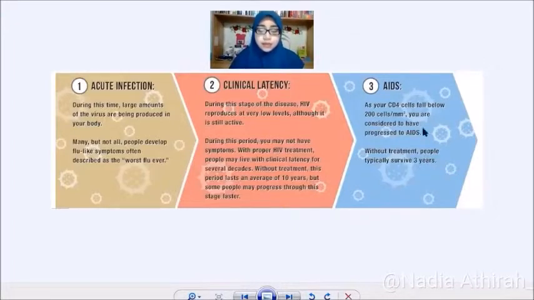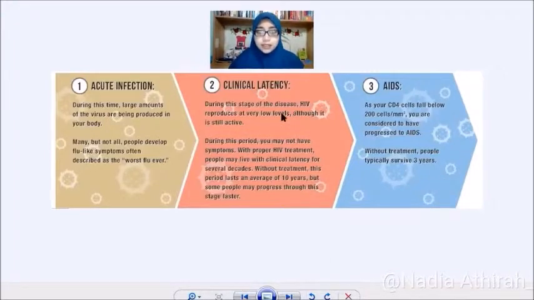People diagnosed with AIDS have fewer than 200 CD4 cells per cubic millimeter in the body. Without treatment, people typically survive 3 years or less.